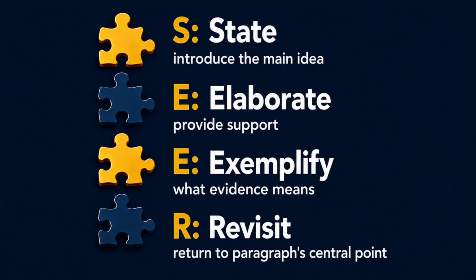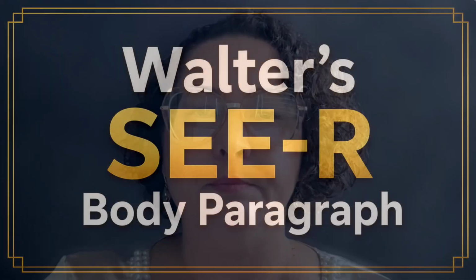Notice that we said revisit, not reflection, because in informative writing, we are not discussing personal feelings. Instead, we return to the main idea and reinforce it using the evidence and explanation we have already presented. Now, let's see how Walter develops an actual body paragraph.